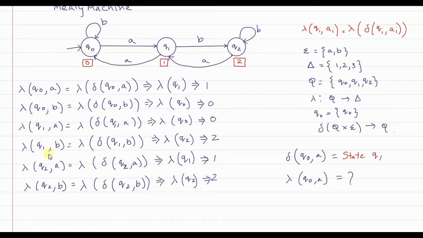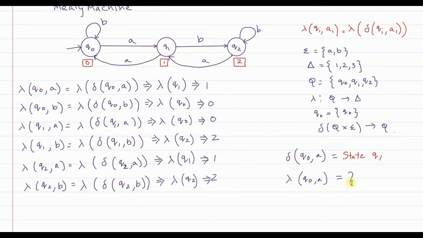Now what we have written here is lambda of Q0 comma A. That means what is the output? Remember, lambda is the output function. So how do you read this? What is the output that is generated when from state Q0 you are going to read A? So it simply means that from state Q0 when you read A, where you are going will be depicted by delta.